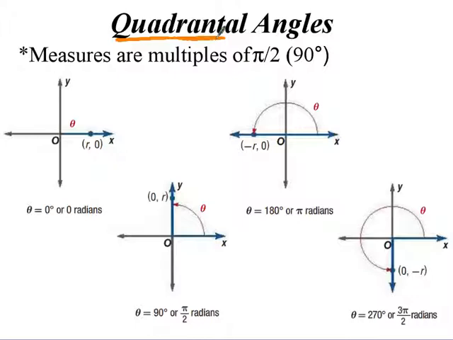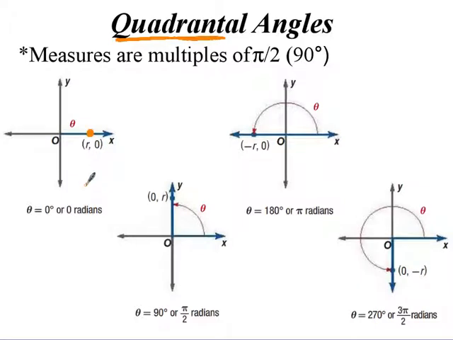We start at 0. Then we go to 90. Then we go to 180. Then we go to 270. And we call those the quadrantal angles. What I want you to get down here with each of the quadrantal angles is notice at each of the points, this is r comma 0.